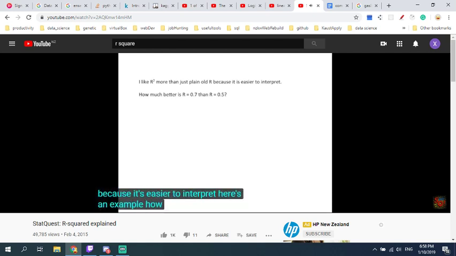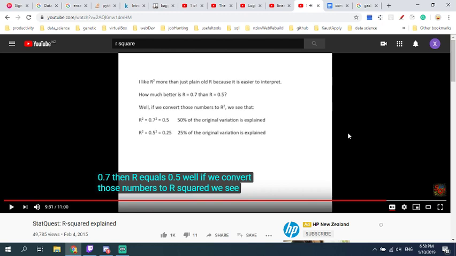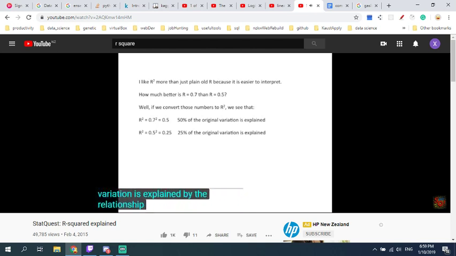Here's an example. How much better is r equals 0.7 than r equals 0.5? Well, if we convert those numbers to r squared, we see that when r squared equals 0.7 squared, it actually equals 0.5, which means 50% of the original variation is explained by the relationship.